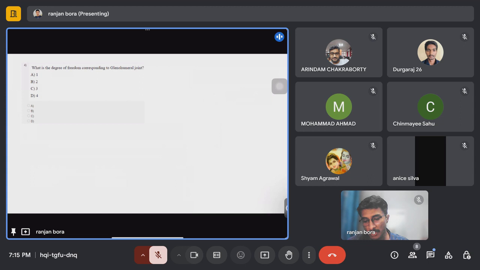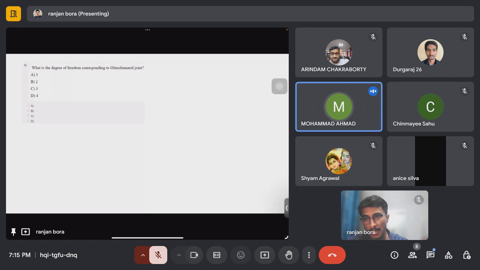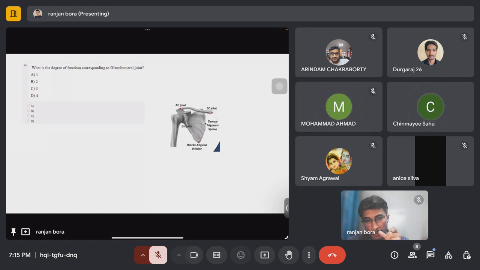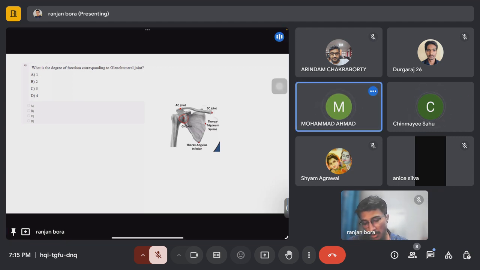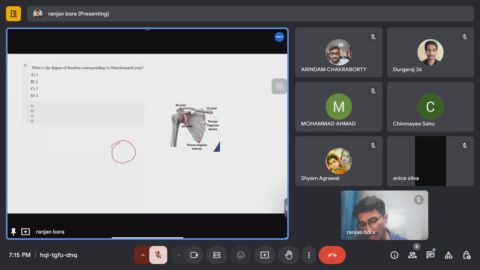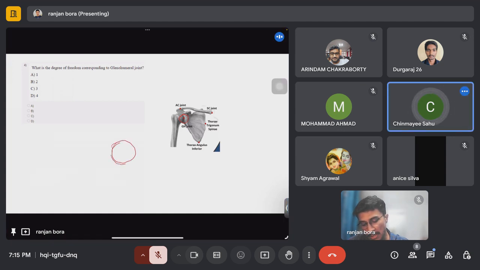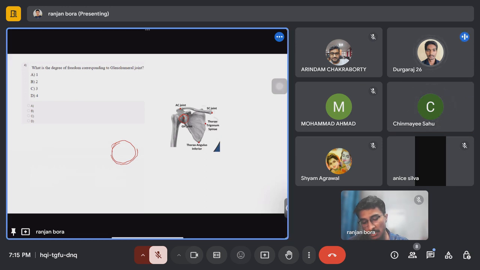What is the degree of freedom corresponding to the glenohumeral joint? This is the glenohumeral joint, and what kind of joint is it? If we want to model it as a mechanical joint, how do we model the glenohumeral joint? Yes, a spherical joint, considering this as a sphere, and this is the cup where the sphere is fitted.